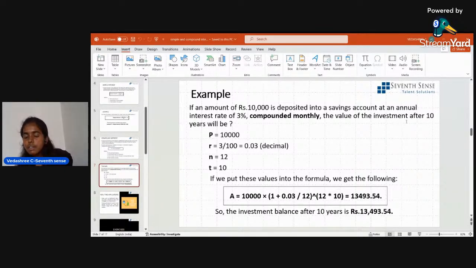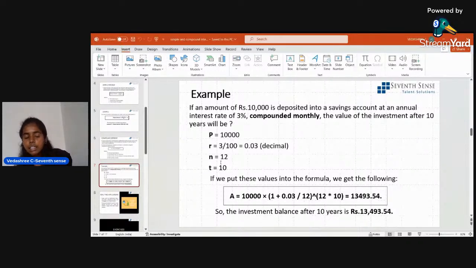Next, the value of the investment after 10 years. This is the time duration, so 10 years means T is equal to 10. If we put all these values into the formula, what do we get? A is equal to the principal amount 10,000 into (1 plus R, that is 0.03, divided by N).